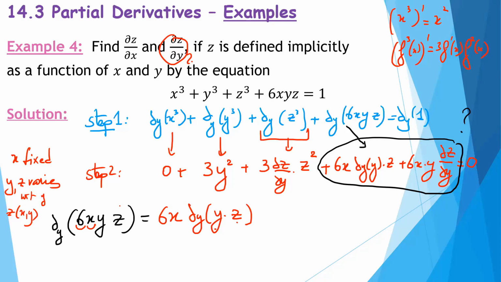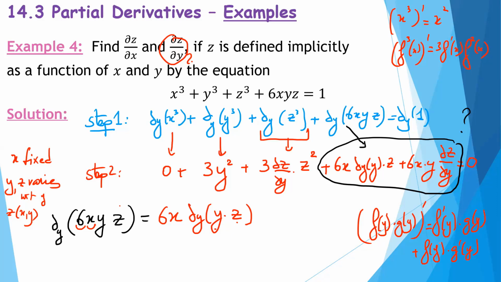So here we have the derivative of a product of two functions of y. How do we calculate the derivative of a product of two functions of y? What does the rule say? f prime of y times g: you derive the first, keep the second fixed, plus you keep the first and you derive the second.